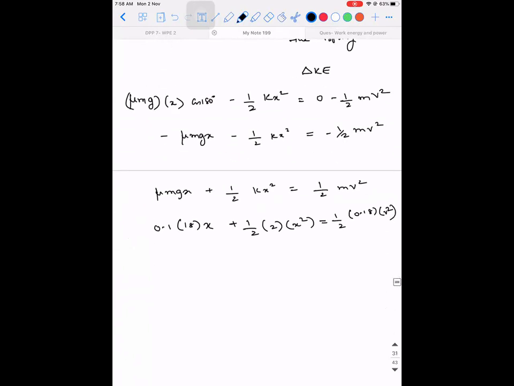Okay, now see. So 0.1 into 18 into 6 divided by 100 plus 2 and 2 will get cancelled. 36 divided by 100 square is equal to 0.9 into v square. Can you guys solve this fast and tell me?